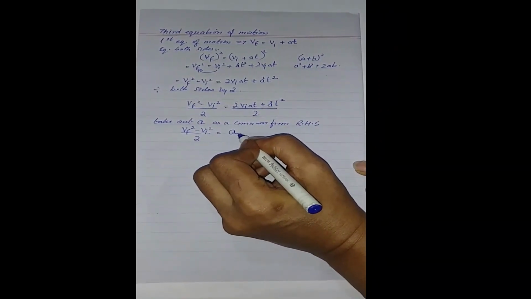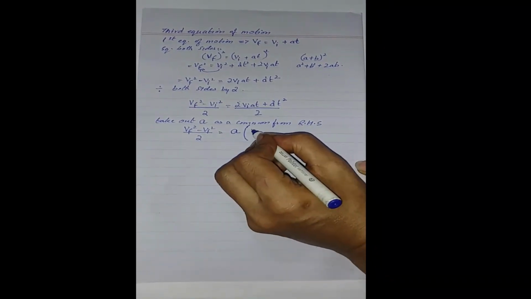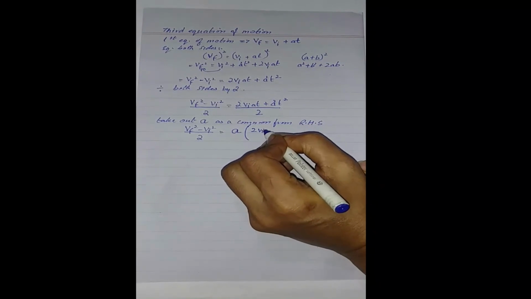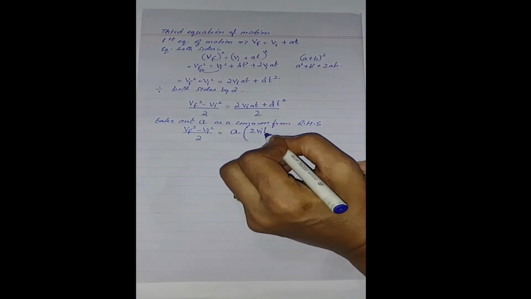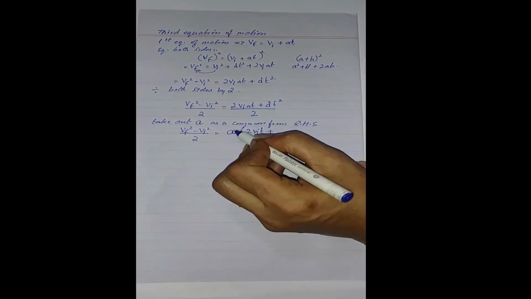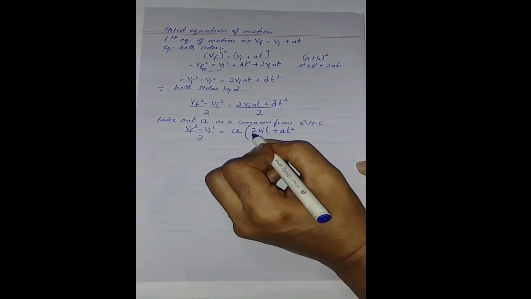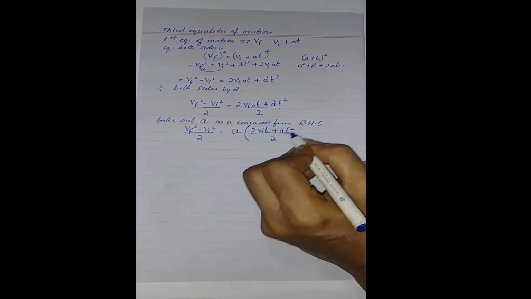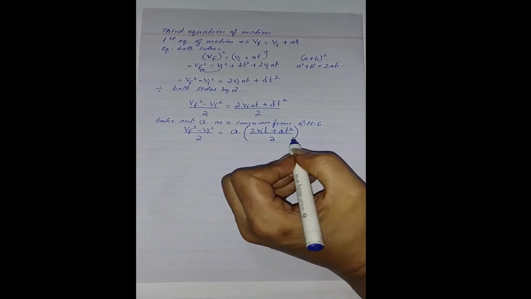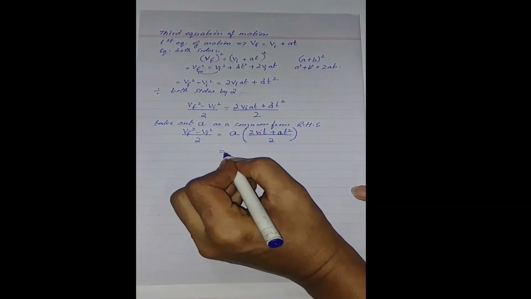So we have a as a common, and the rest of the equation will come in a bracket. 2Vi, a has gone, so t remains here. We have two a's over here, one is taken out, so we have to write one over here, and t square upon 2. That part of the equation remains the same.